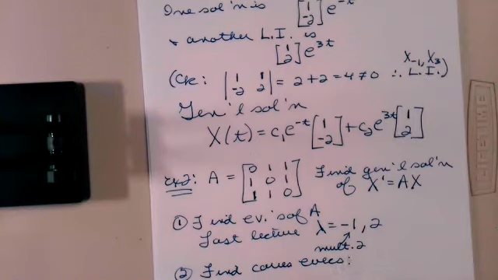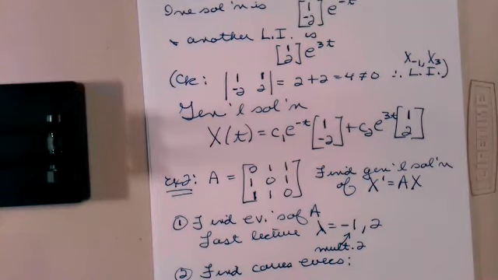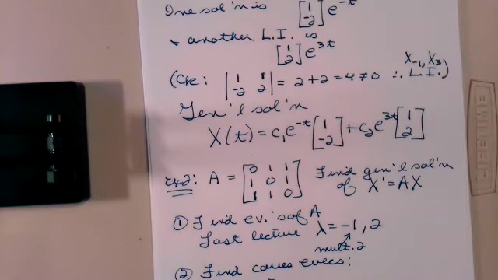In the last lecture, we found 2 eigenvectors for -1. I forget exactly what we called them, but I believe x minus 1 and x minus 1 hat.